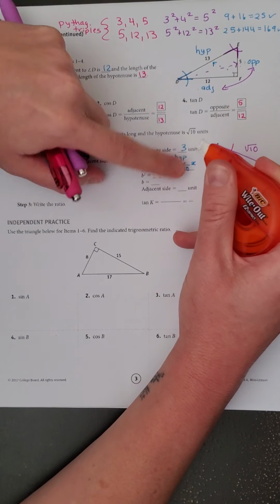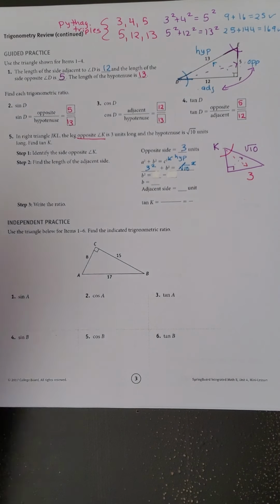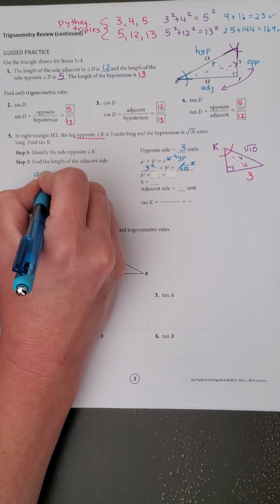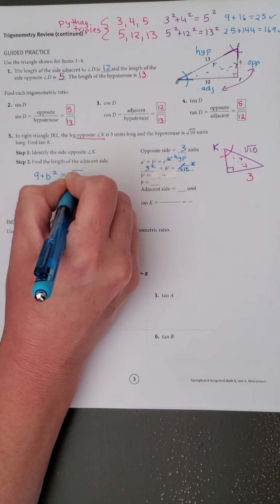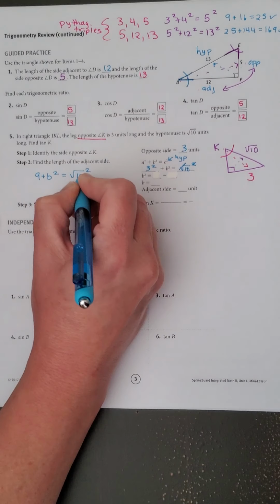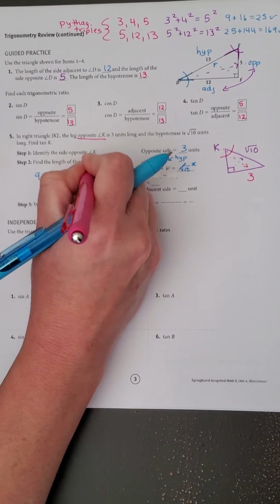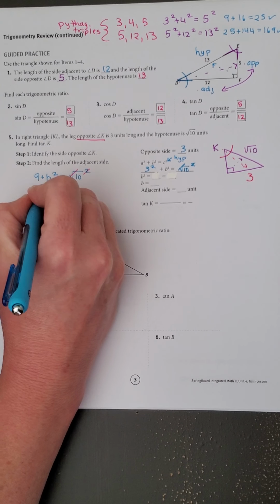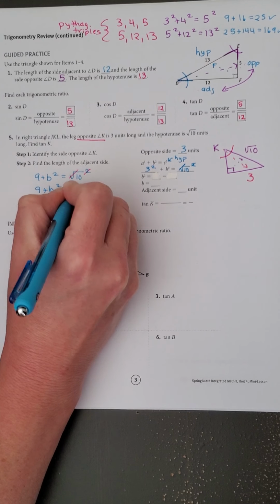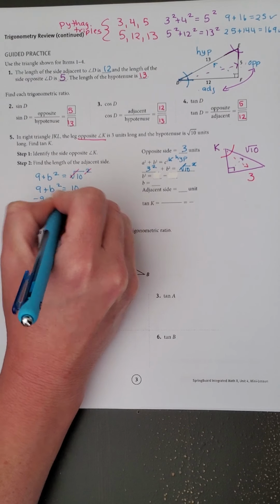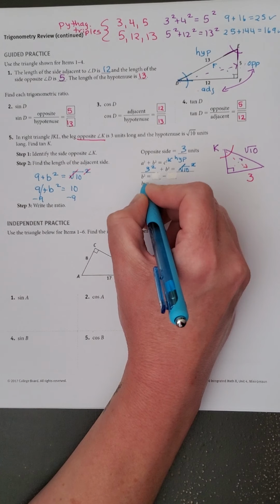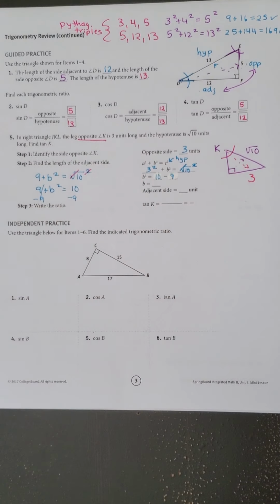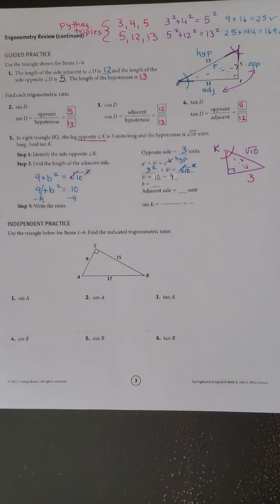They're skipping a step, so I'm going to show that step off to the side. I'd have 3 squared, which is 9, plus b squared equals square root 10 squared. The square root and the square cancel, so I have 9 plus b squared equals 10, and then I would subtract 9 from both sides. And so b squared equals 10 minus 9, and 10 minus 9 is 1.